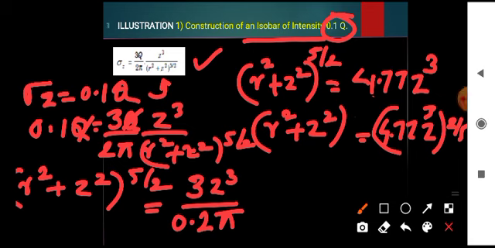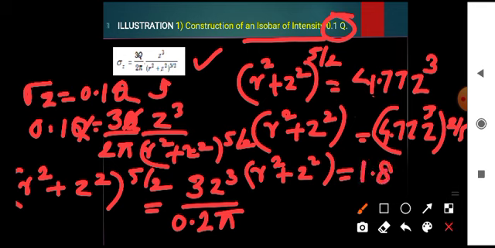Now if you further simplify the same equation, it will take this form. r square plus z square, if we simplify further, is equal to 1.868 z to the power of 1.2.